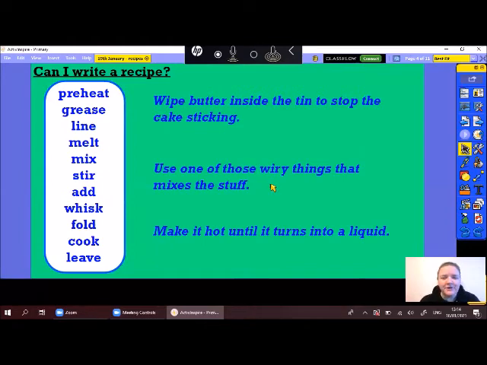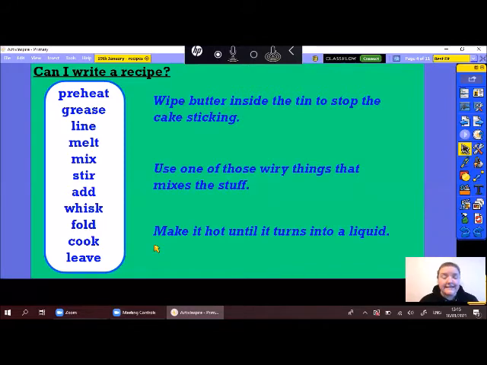Second one here, use one of those wiry things that mixes the stuff. Now we know that's not good enough. All right, what I mean is one of these. So what's it called? Yeah, it's a whisk. So your imperative verb needs to be whisk the mixture.